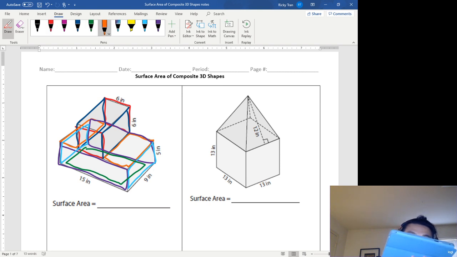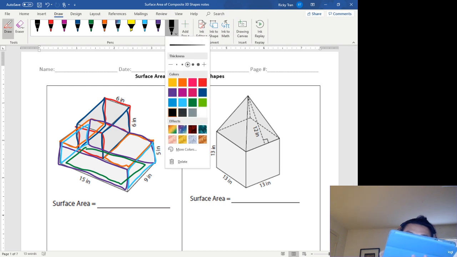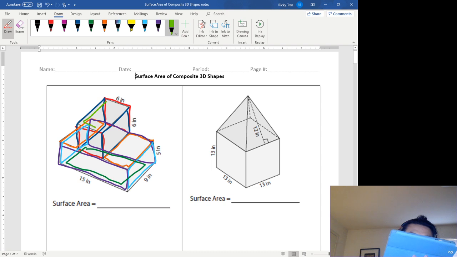I'm running out of colors to use. Let's see, light green. And then we have one at the very top. There are a ton that you have to figure out. That's the hardest part. Once you figure out all those, you're just adding them together.